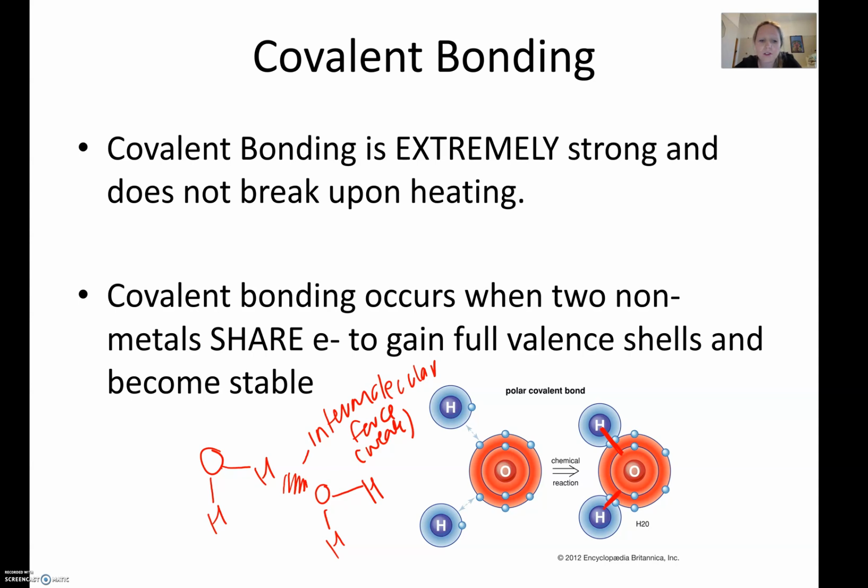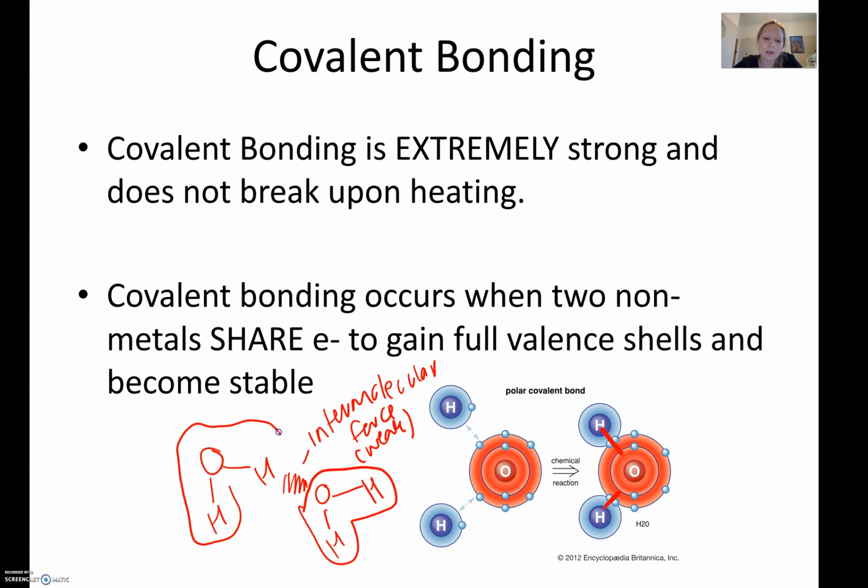From when it was solid, with lots and lots of water molecules arranged close together, they break during melting, and so the water stays intact. The covalent bonds themselves, the sharing of electrons between atoms, are very strong and don't break, and the weak intermolecular forces between the water molecules are what breaks.